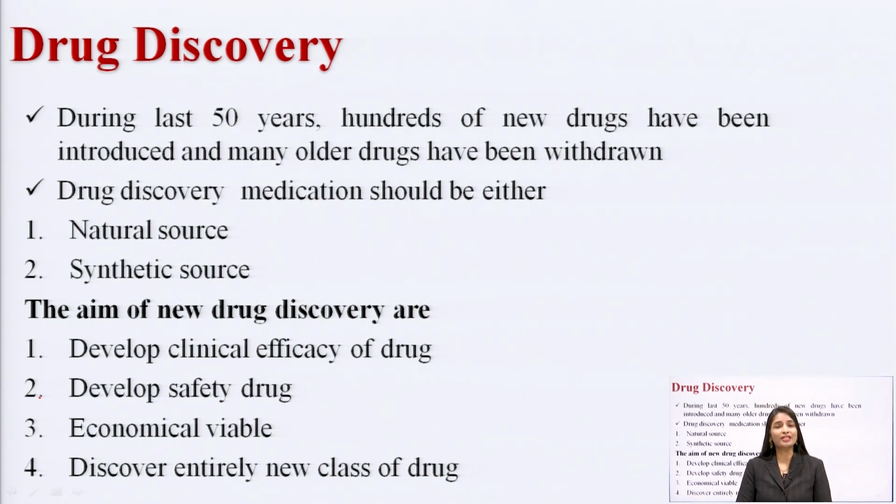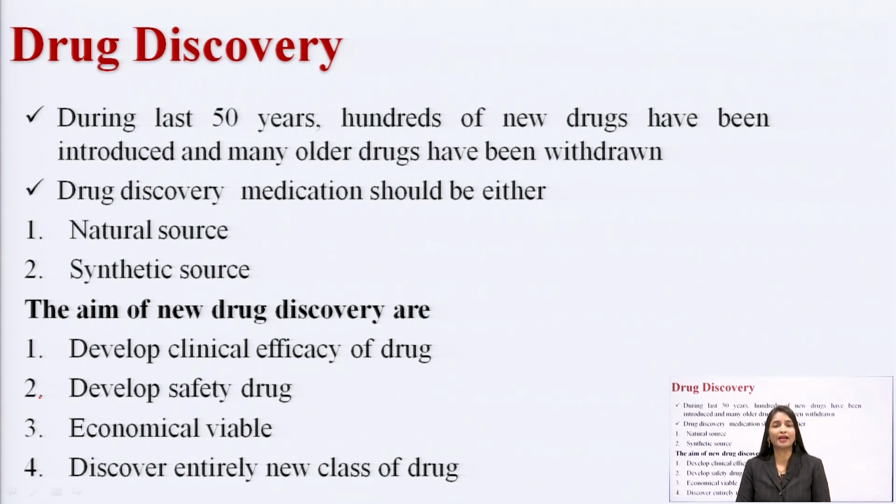So, what is the main aim of drug discovery? The main aim is to develop the clinical efficacy of any drug. Why are we discovering a new compound for the market? Because the aim is to increase the clinical efficacy and to develop the safety of the drug.